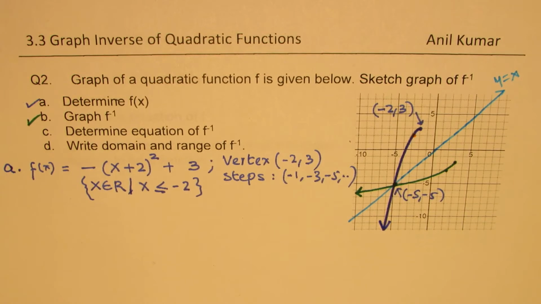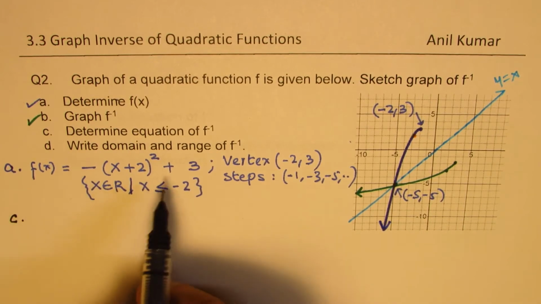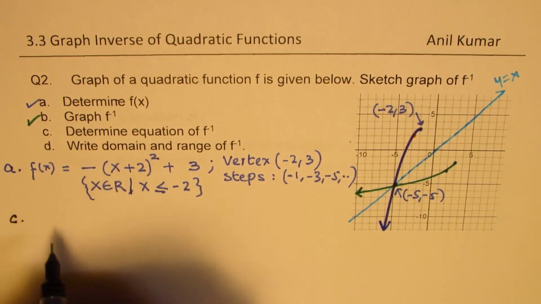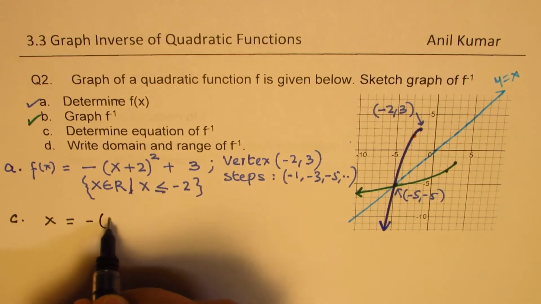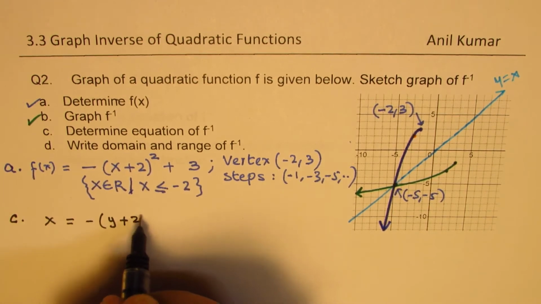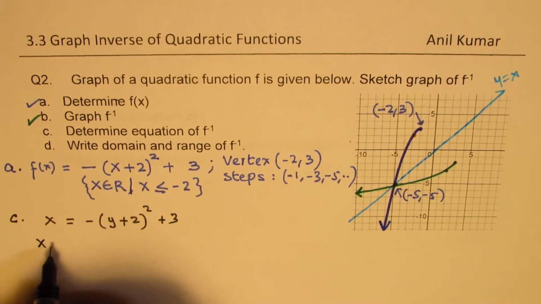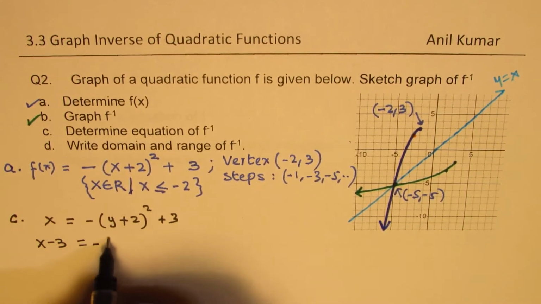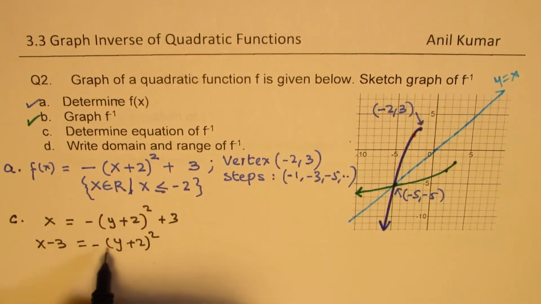Now we will do the inverse. We've done part B. Well, let's do the inverse of the function, part C. To find the inverse, we are going to swap. So we'll write this y as x equals to minus y plus 2 whole square plus 3. Bringing 3 to the left side, x minus 3 equals to minus y plus 2 whole square, dividing by minus.